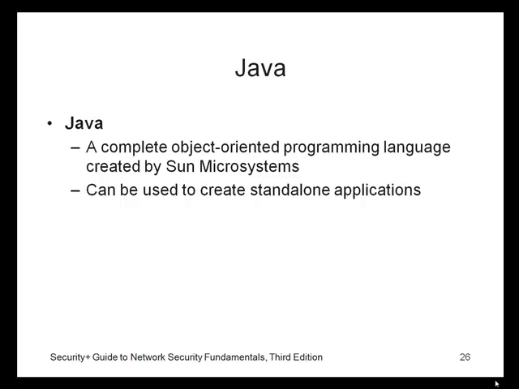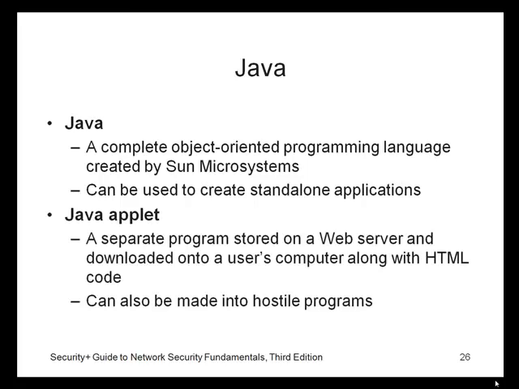Java is an object-oriented programming language created by Sun, can be used to create standalone applications. These are applications that run on the computer, but they run in a sandbox. They can't access other parts of the computer, whereas the JavaScript can. A Java applet is a separate program stored on the web server and downloaded to the user's computer with HTML.